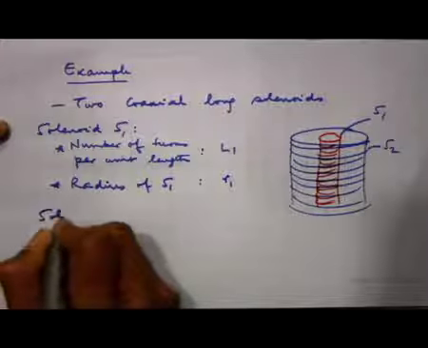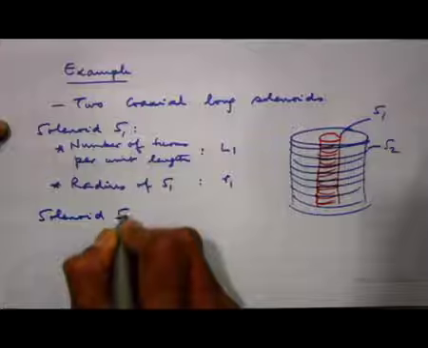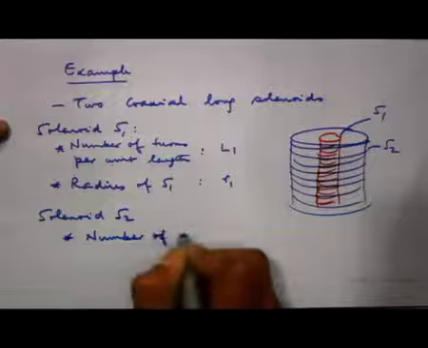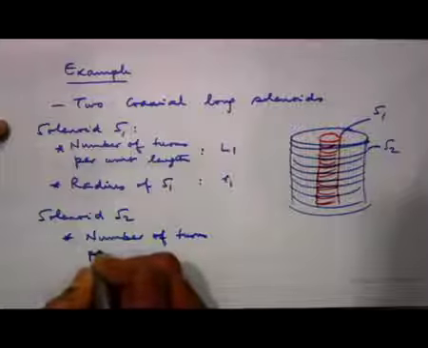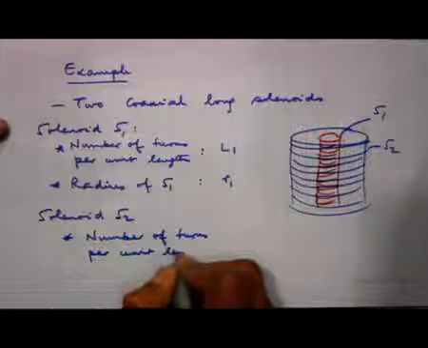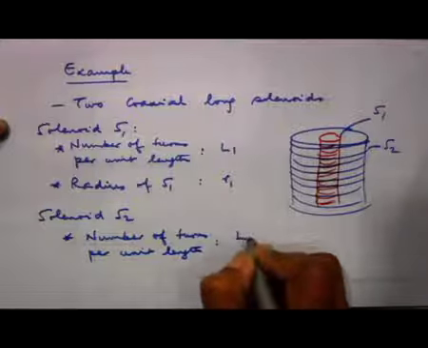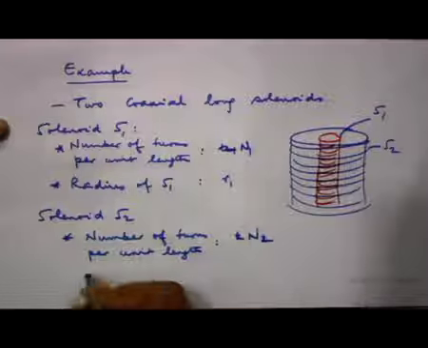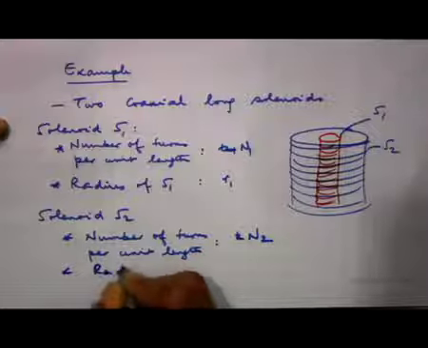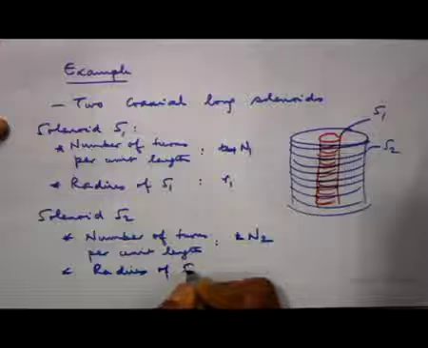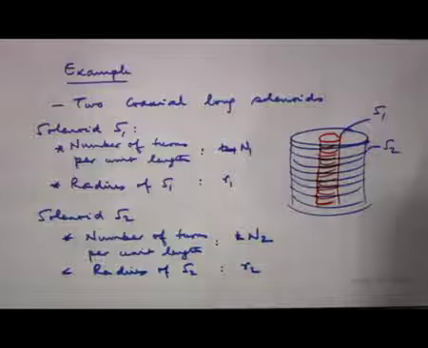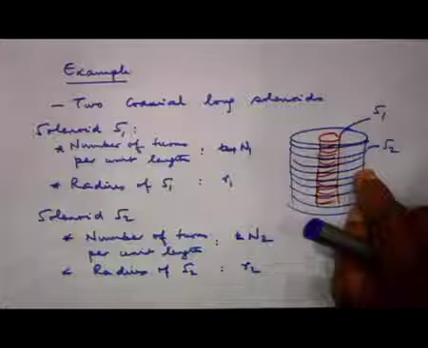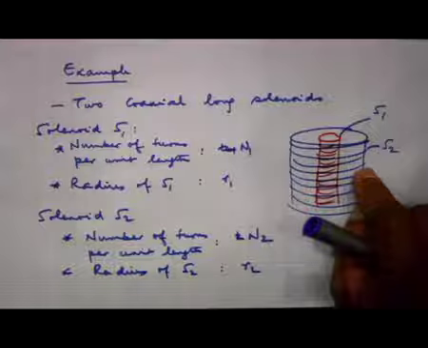Solenoid S2, number of turns per unit length N2, and radius of S2 is R2. So, N1 turns per unit length for solenoid S1 of radius R1, N2 turns per unit length for solenoid S2 of radius R2.